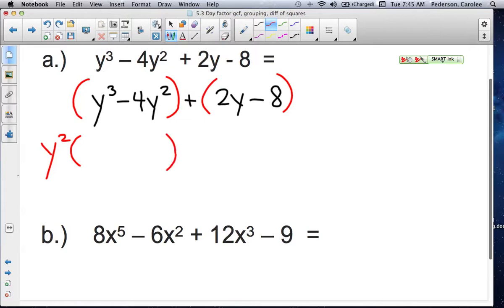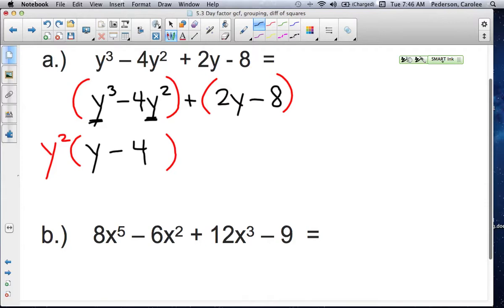So what I'm left with is y minus 4. I took y squared out of the first term, so I'm left with just one y left. I took out the y squared here, so now I'm just left with the negative 4.